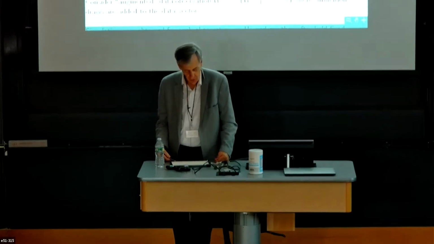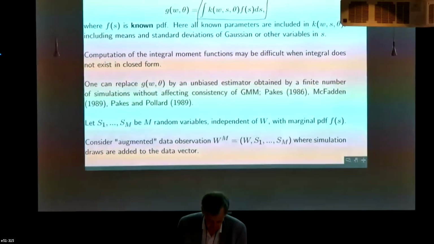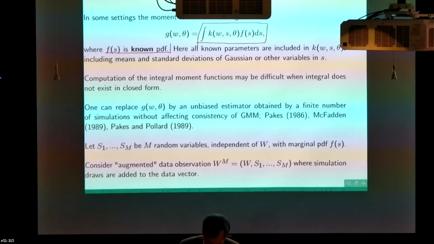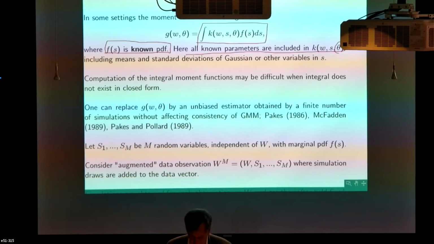Okay. Now, in order for this to work, this f of s has to be a known PDF. It's not known up to parameters. It has to be known, specified. And so what that means is all the known parameters are included in this K. All right, and particularly they're included in that theta.